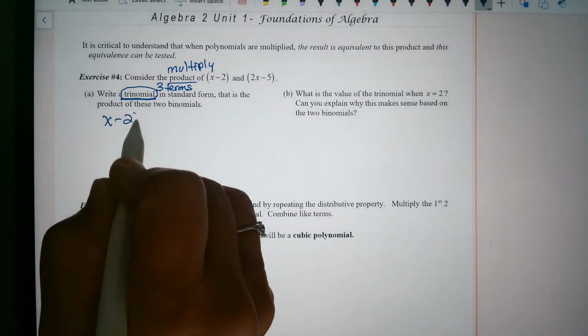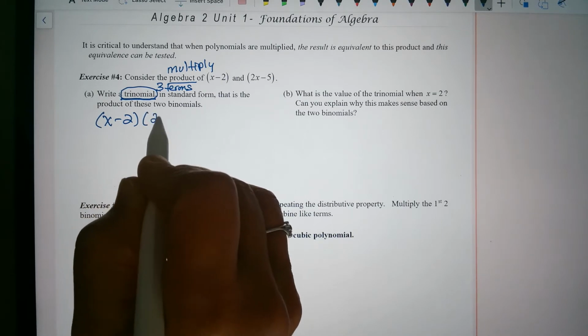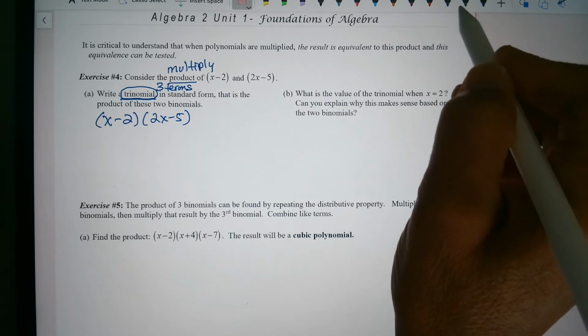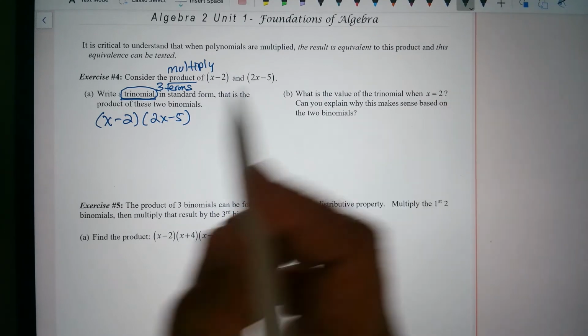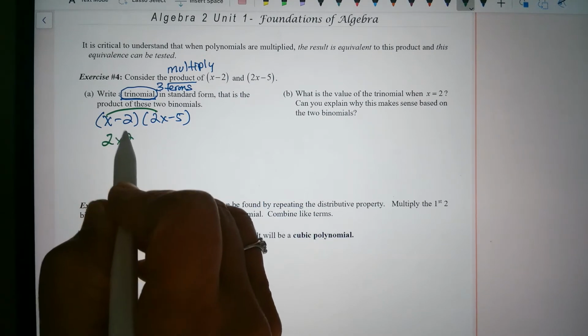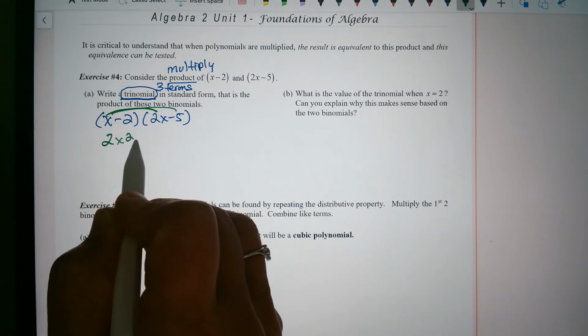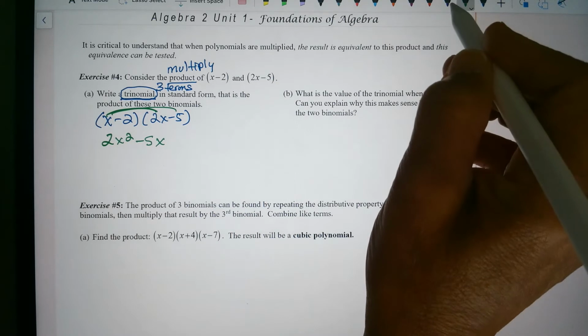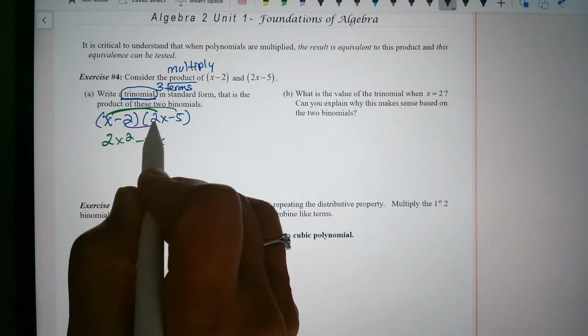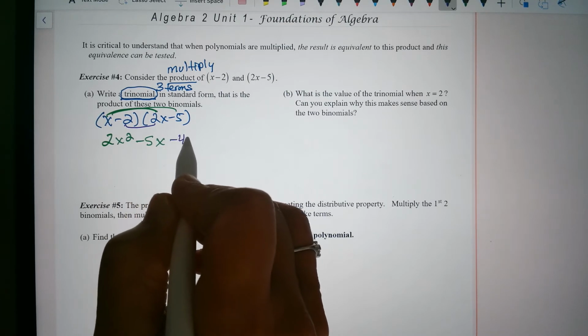I'm going to use double distribution, but as I said, you're welcome to use the area model if you like. So x times 2x is 2x squared. X times negative 5 is negative 5x. Negative 2 times 2x is negative 4x.